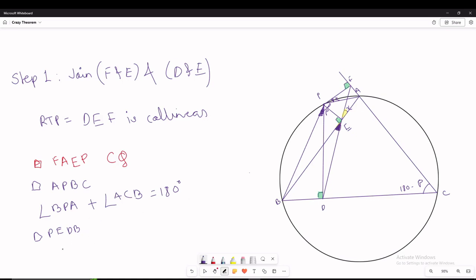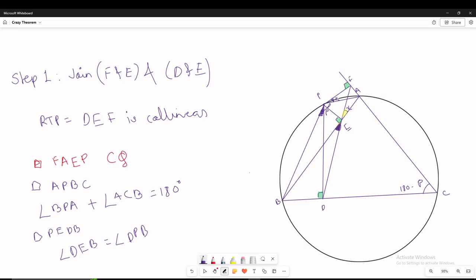So we can say that DEB is equal to angle DPB. Now if we can prove that angle APF is equal to DPB, then we have proved what we needed to.